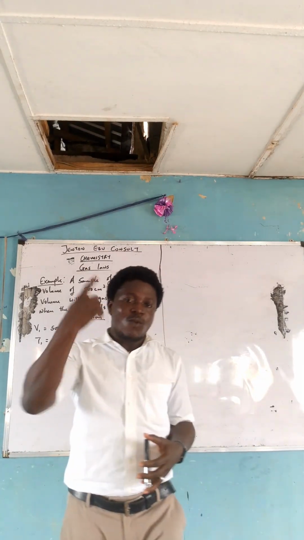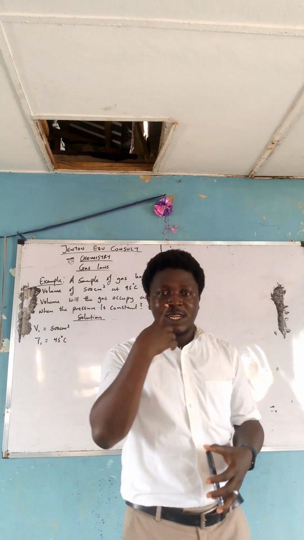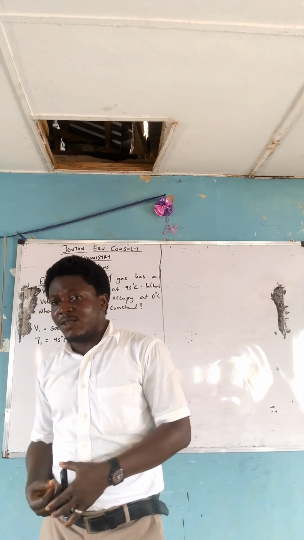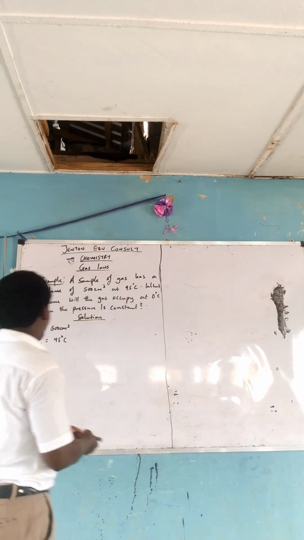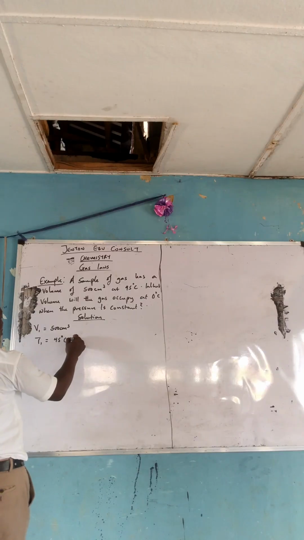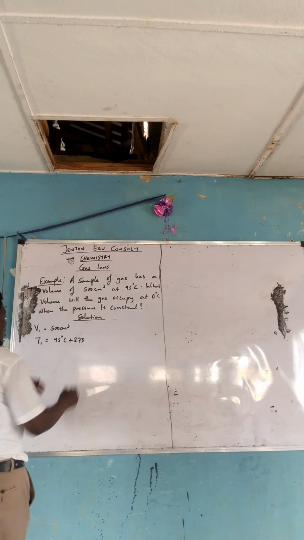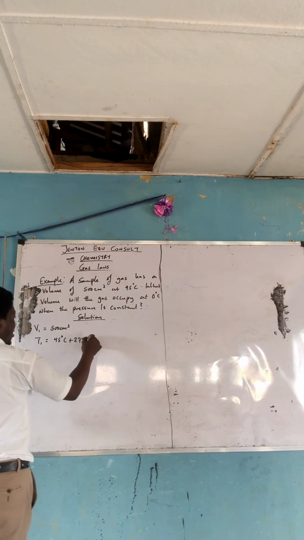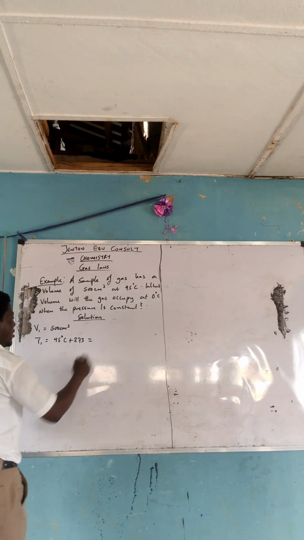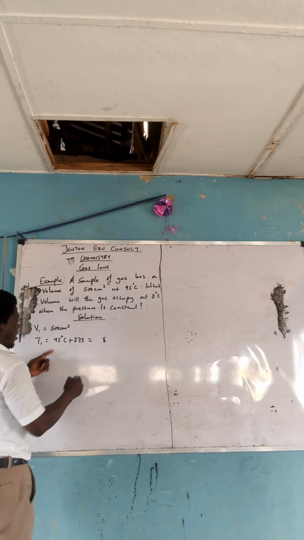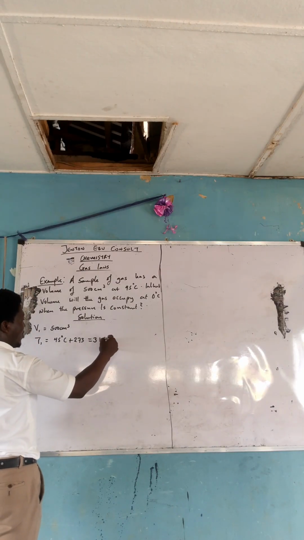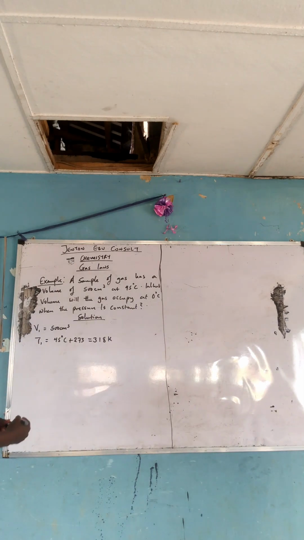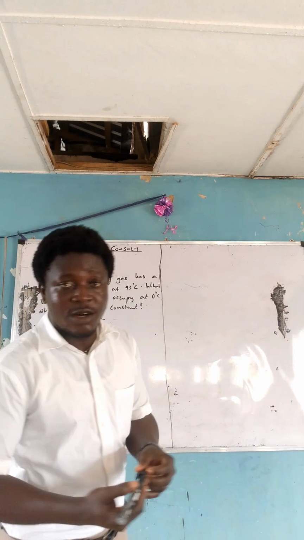Every 1 degree Celsius is equivalent to 273 Kelvin, so we work with that. It means we are going to add 273 to this degrees Celsius, and we are going to have 318 Kelvin.